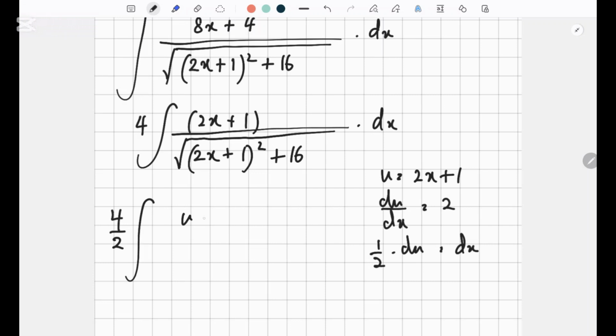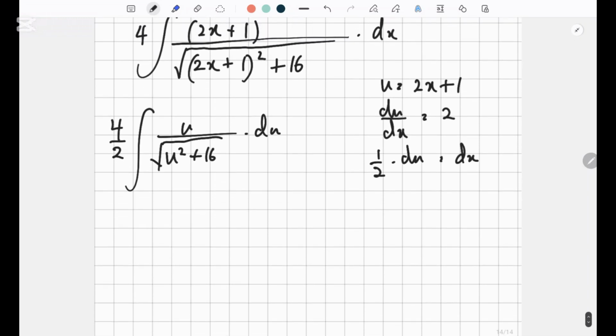So 2x + 1 is u, over u² + 16, inside the root, du. So you write (u² + 16) to the power minus half, du.